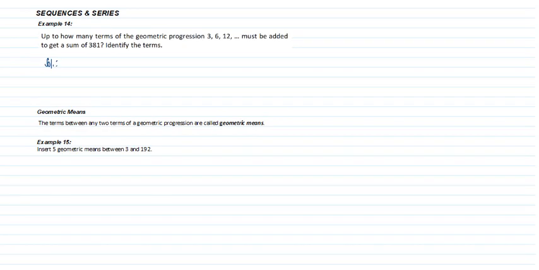I like to make use ng ating formula na S sub n is equal to A sub 1 times 1 minus R raised to n over 1 minus R. Kasi meron tayong A sub 1, which is going to be 3. Tapos we also have our S sub n, since we do not know up until what term would that be. So S sub n is 381, or the sum of the terms.